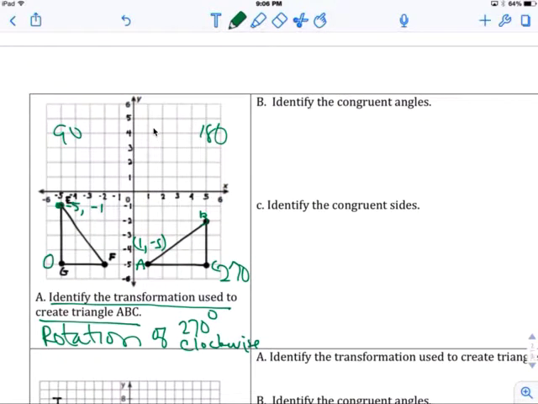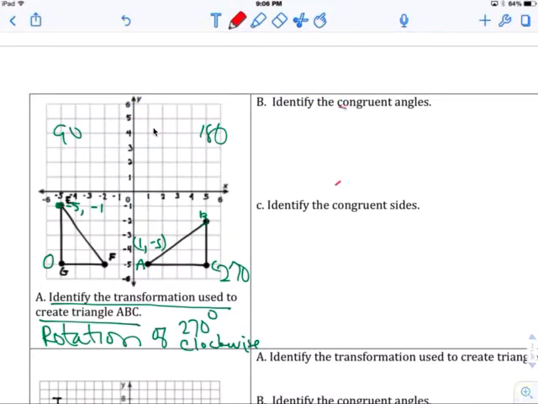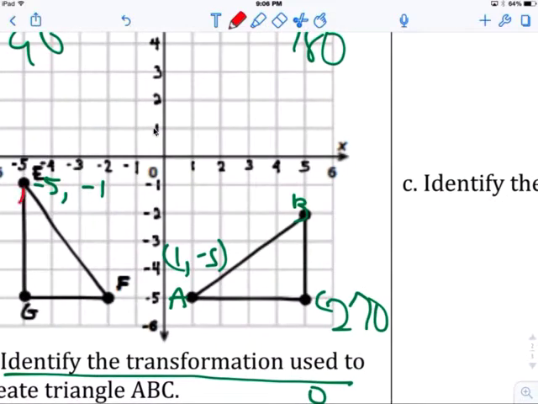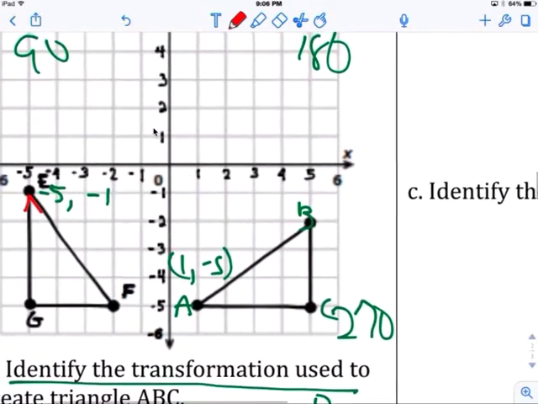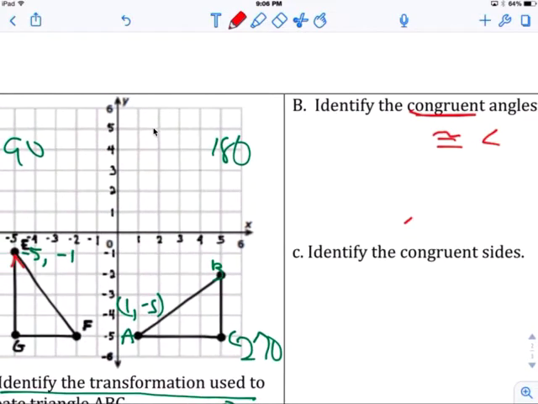Identify the congruent angles. Congruent is a symbol. If you don't know it, write the word out. Angle is this symbol, so you go on here and draw that symbol upside down. Right there is letter E. That symbol we draw here.